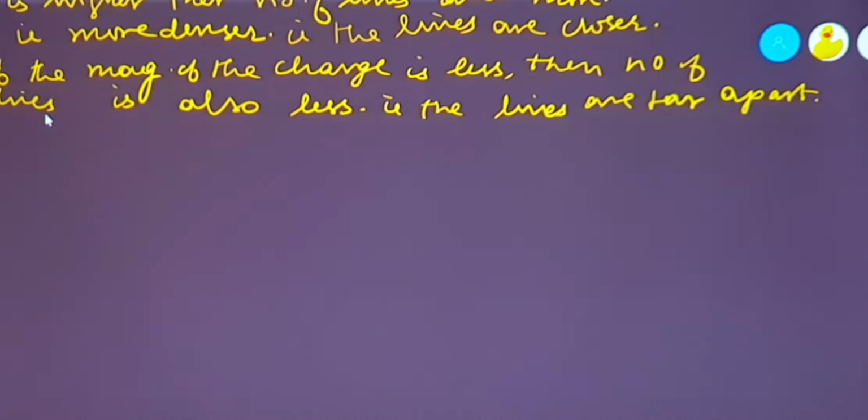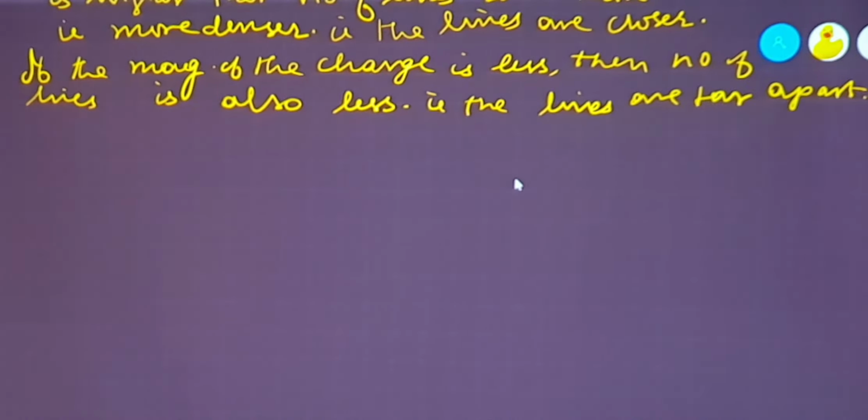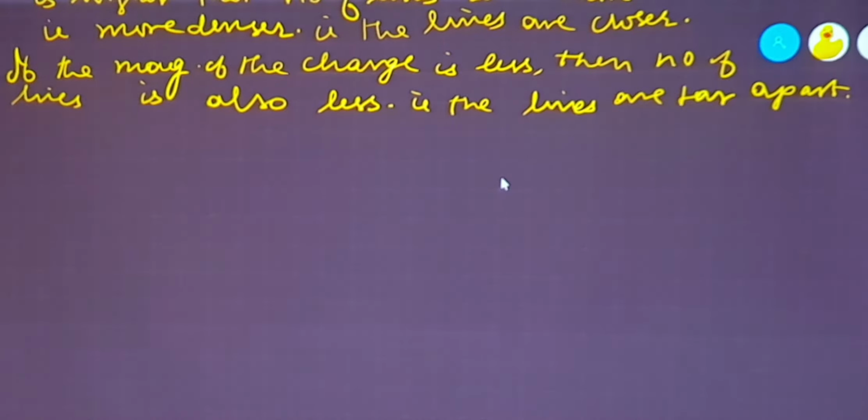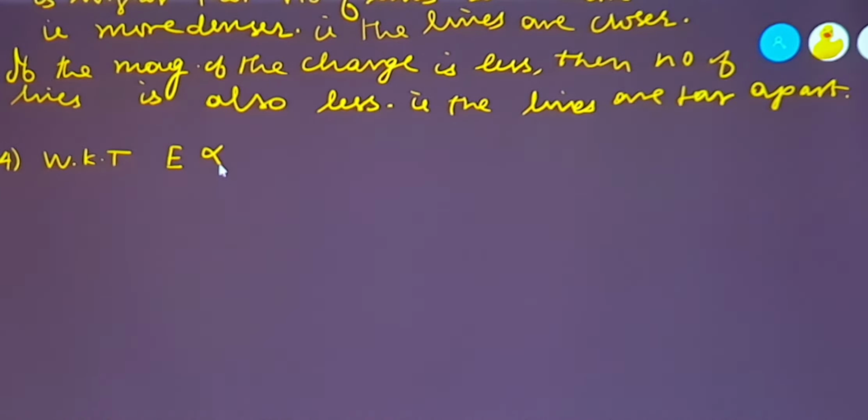Let us go to point number 4. What is point number 4? We have to state the direction of the electrical field and the electrical lines. We know that electrical field E is inversely proportional to the square of the distance.